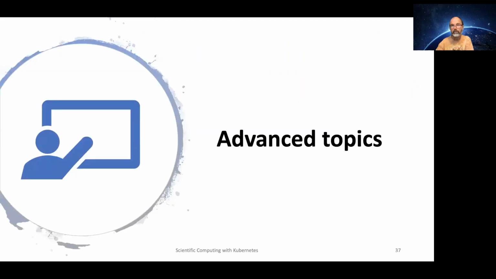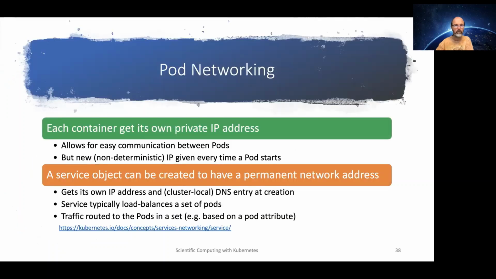And I'll spend a few more minutes going beyond what you would typically do in a batch system and see what else you can do in Kubernetes, and why people actually developed Kubernetes in the first place and did not just stick with batch systems. One is networking. Kubernetes actively manages the networking of its environment.